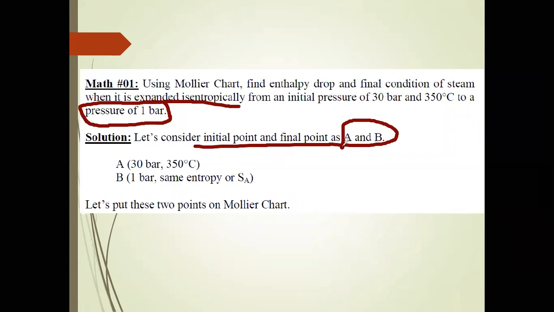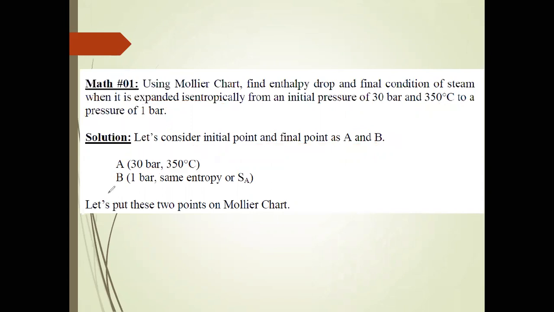In the A point, my students, what is the information? The initial pressure is 30 bar and the temperature is 350 degrees Celsius. So we take A equals 30 bar and 350 degrees Celsius. For the B point, we have one piece of information, that is 1 bar, but no other information is directly given.